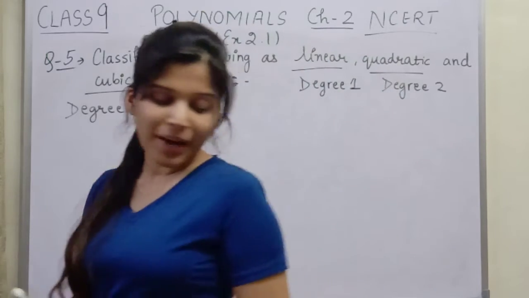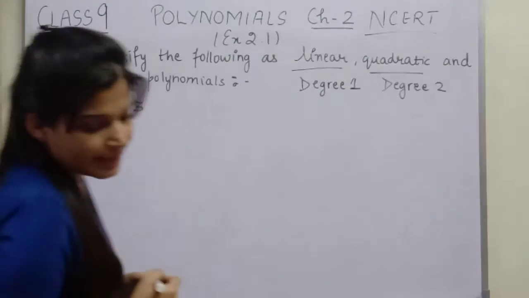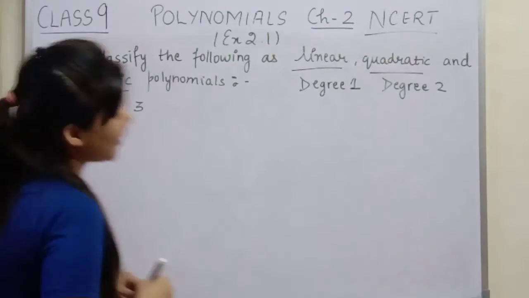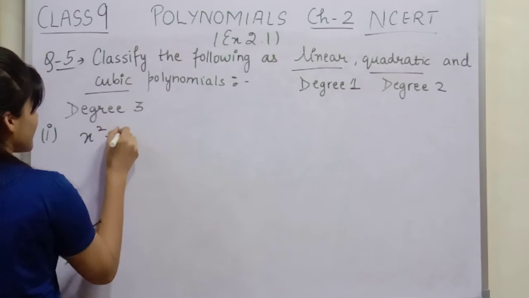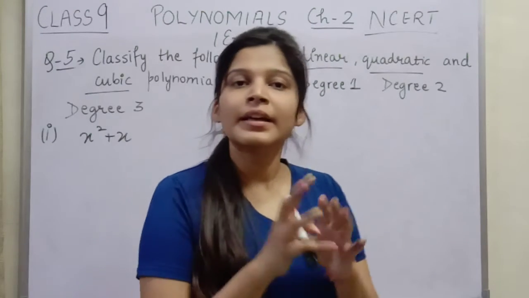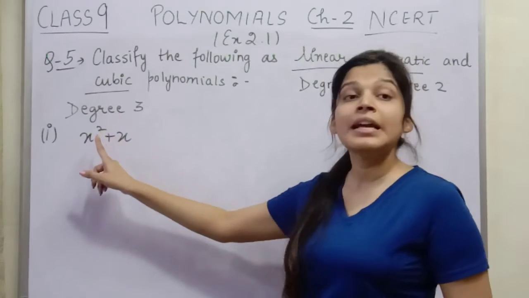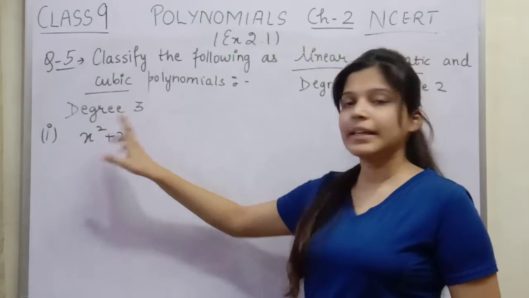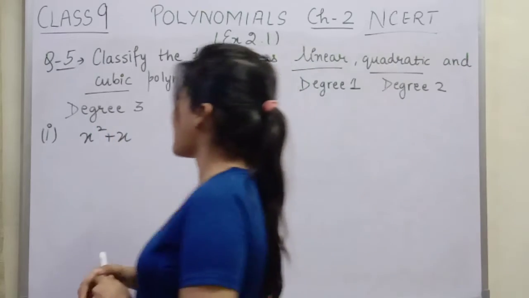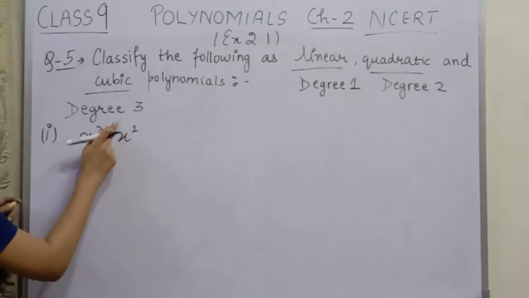So coming to part number 1 now. The first part says x square plus x. Also children, here the number of terms has no role. The number of terms can be anything, we need to check the highest part, which is the degree. So here we have x square plus x. So x is x raised to the power 1, and x raised to the power 2.